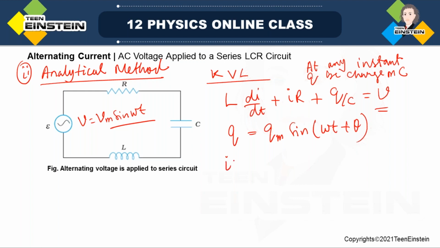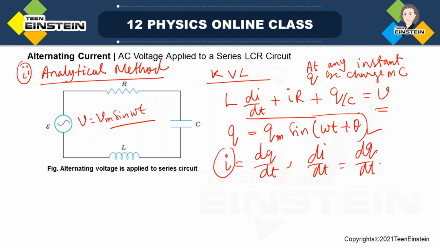Now we know I is equal to dq by dt, so we have to solve this differential equation using this charge expression. Di/dt will be the double derivative of the charge.